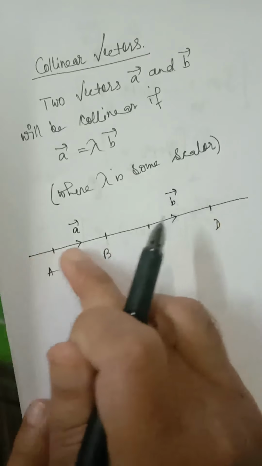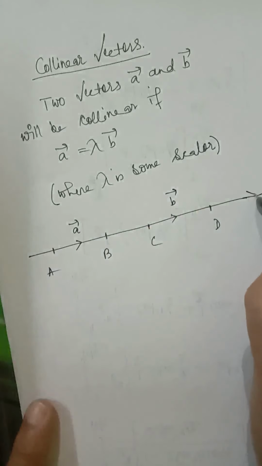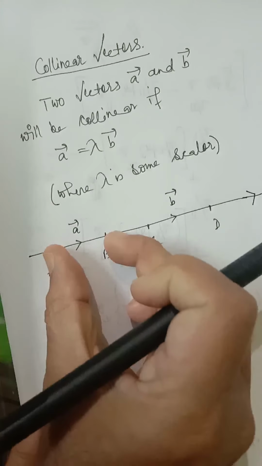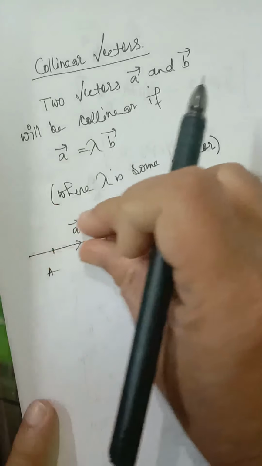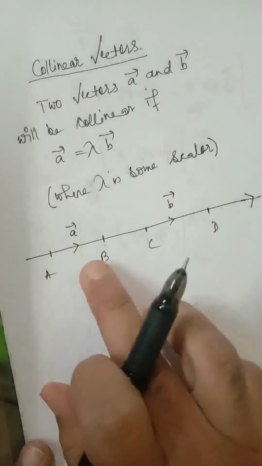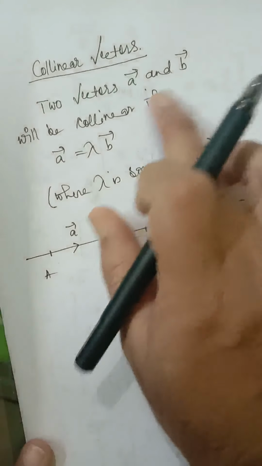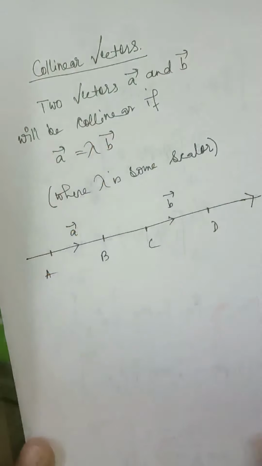These two have the same support. They lie on the same ray. We say these two vectors are collinear vectors. Mathematically, if A and B are collinear, then A vector equals some constant into B vector.